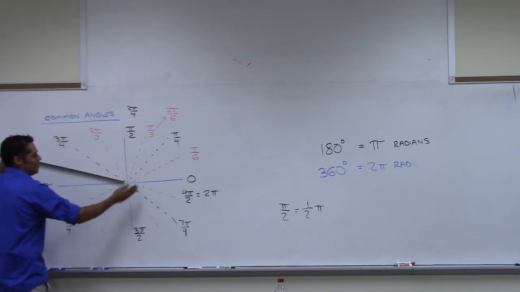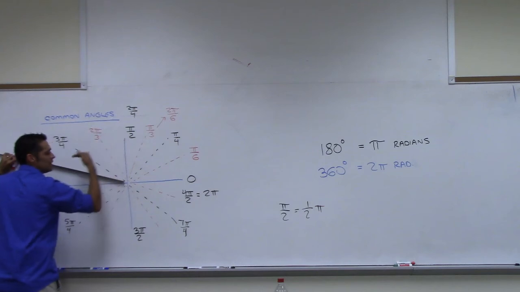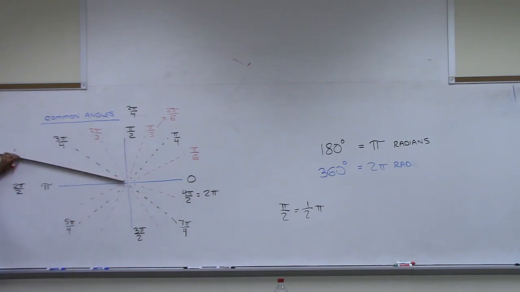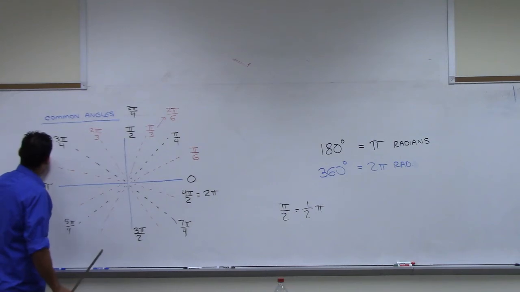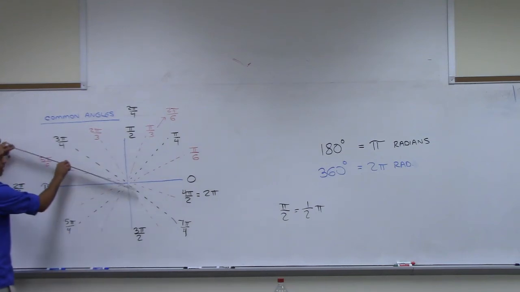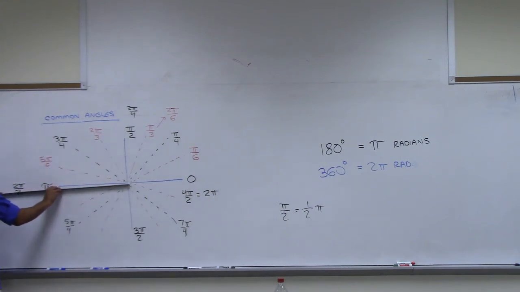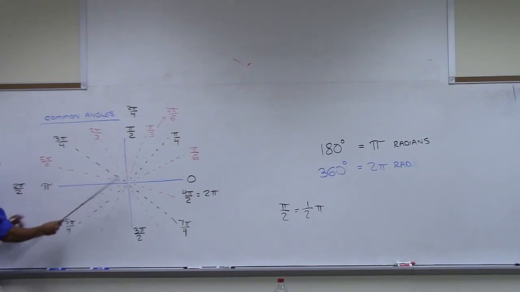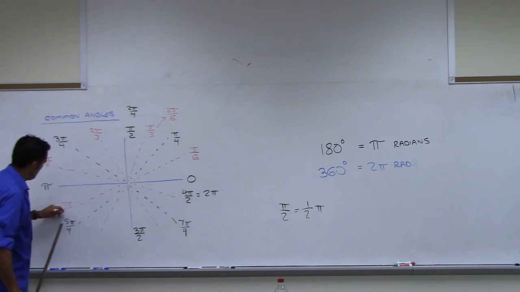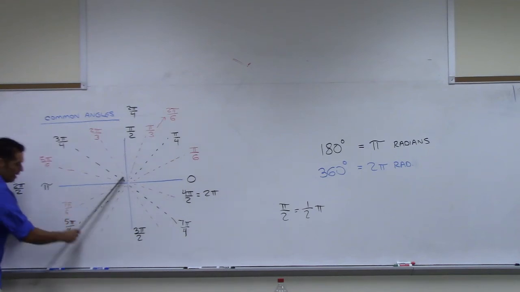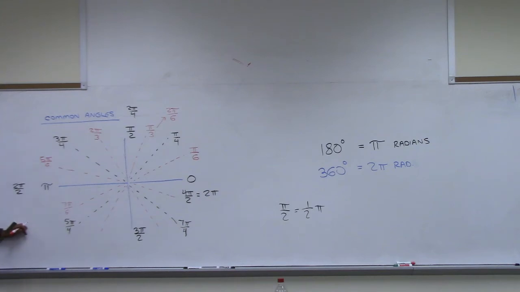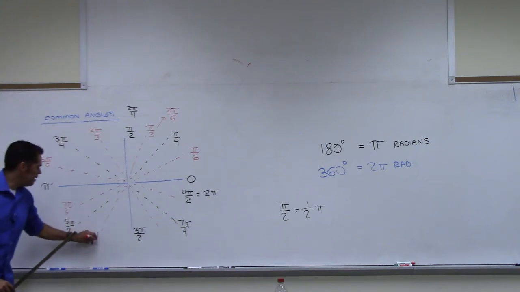Next one. Where are we at? I lost my place. 1, 2, 3, 4. I'm at the 5th one, right? So this is going to be 5 pi over 6. And then we get all the way across, 6 pi over 6. That's pi. Next one, 7 pi over 6. 8 pi over 6 is the next one, and I believe that reduces, right? 4 pi over 3.